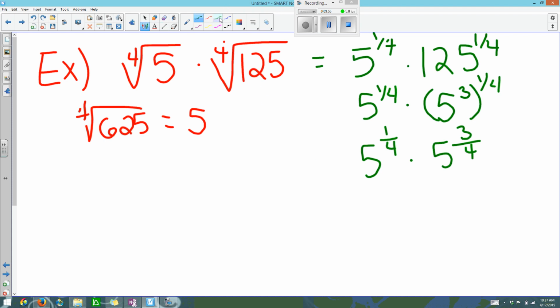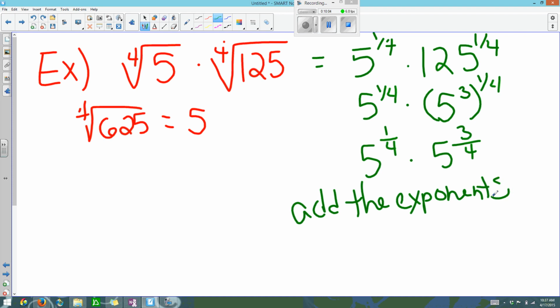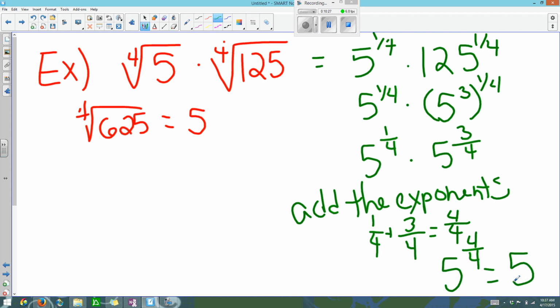Right, I can now add the exponents. So 1/4 plus 3/4 will give me 4/4. So this whole thing means that 5 is being raised to the 4/4. And what's 4/4? So we'll get 5 to the first.